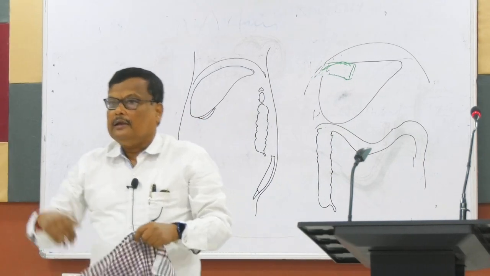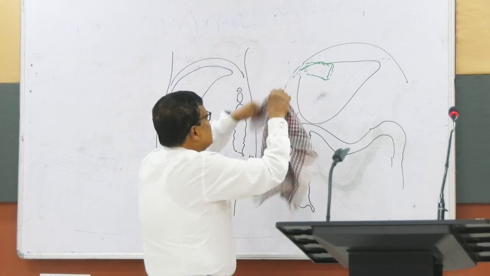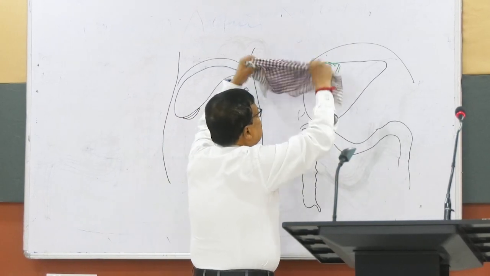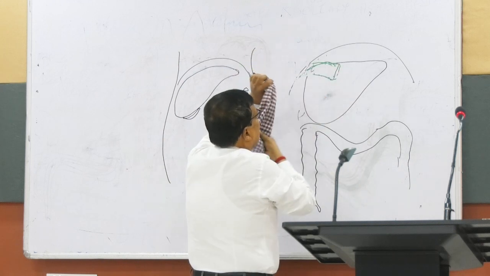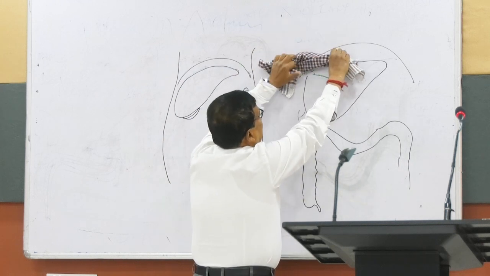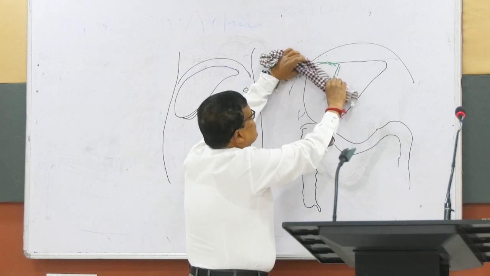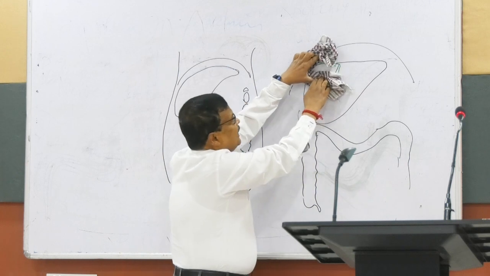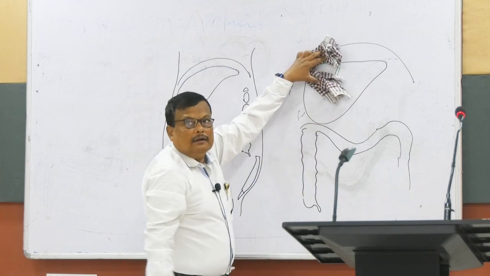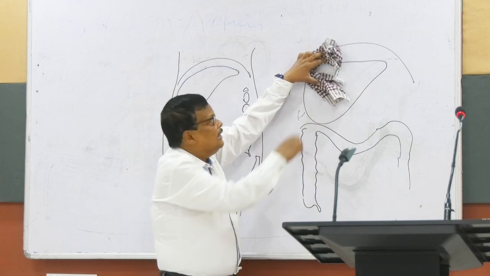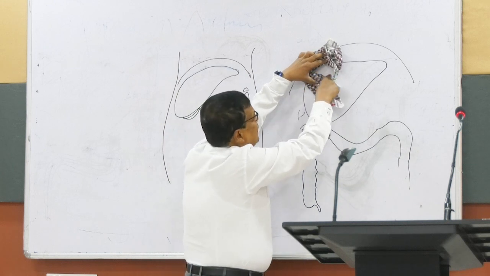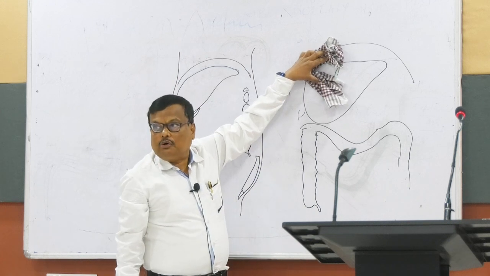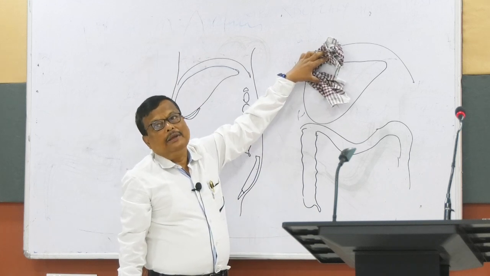It is reflected here and goes to the diaphragm, and this layer we call the superior layer of the coronary ligament. Similarly, on the posterior surface, another layer is reflected on the back side to the diaphragm. So there are two layers, the superior layer and the inferior layer of the coronary ligament, leaving a gap, which is the part of the liver not covered by the peritoneum.